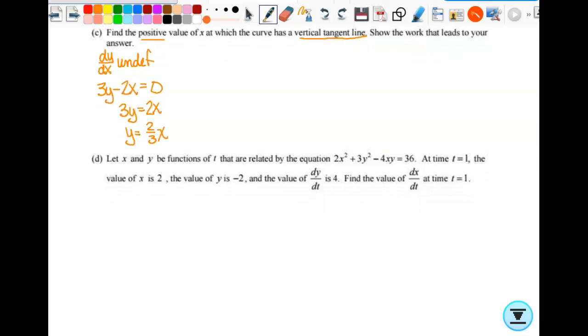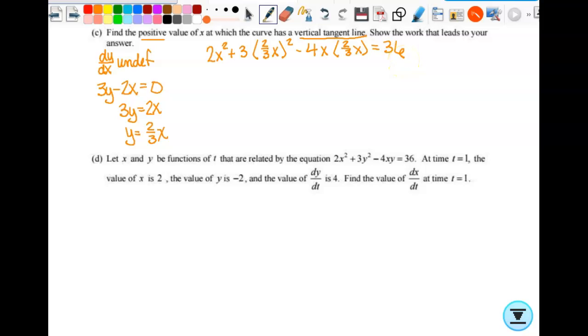Since y equals 2/3 x, we're doing substitution, right? So that means I'm going to have 2x squared plus 3 times 2/3 x squared minus 4 times 4x times 2/3 x equals 36.